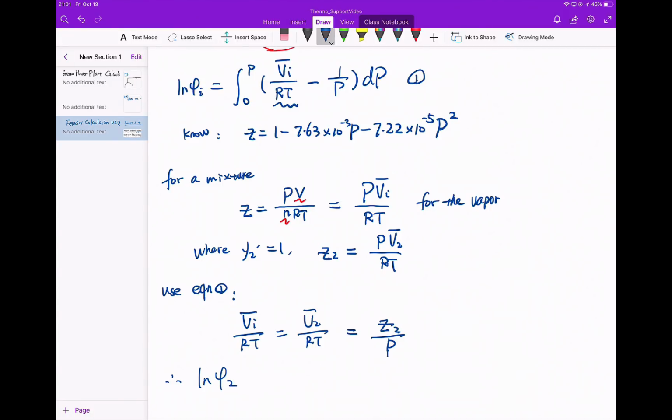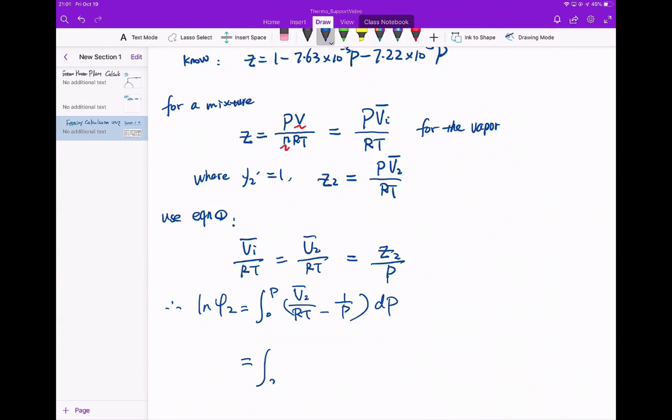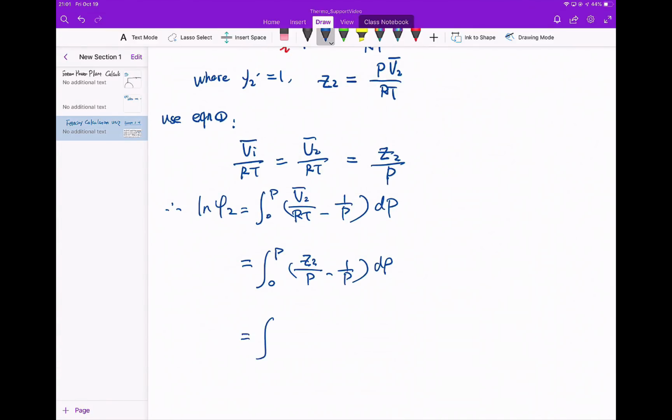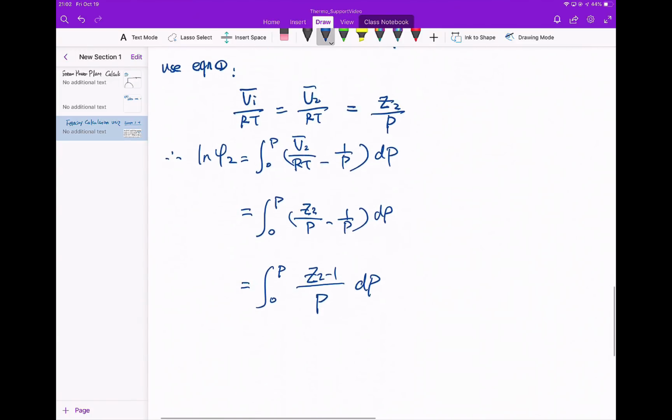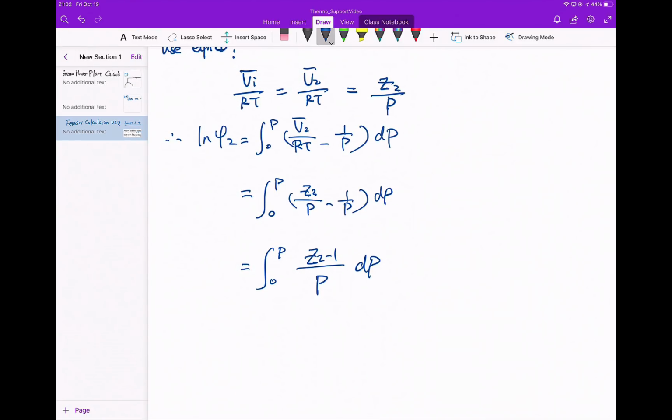So log phi 2 is the integral from 0 to P of V2 partial over RT minus 1 over P dP, which is the integral from 0 to P of Z2 over P minus 1 over P dP, which is the integral from 0 to P of Z2 minus 1 over P dP. What is this Z2? Z2 is known.